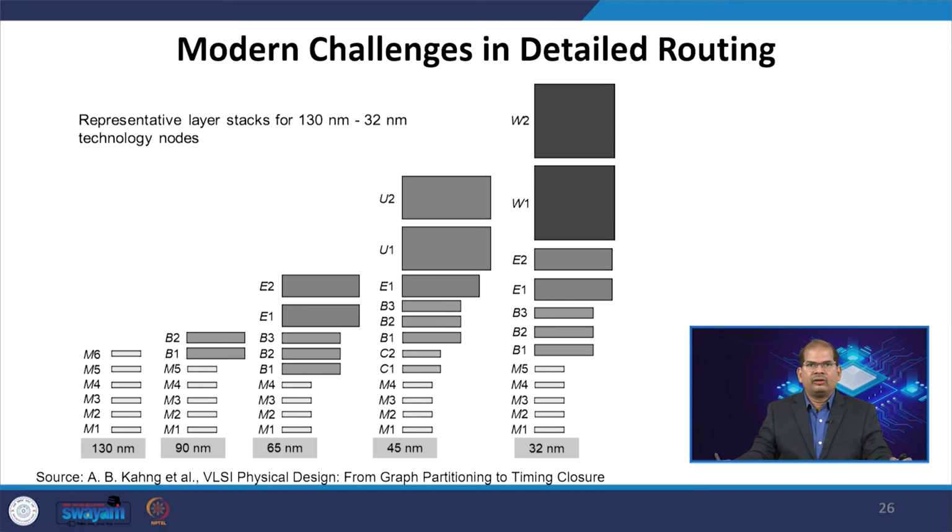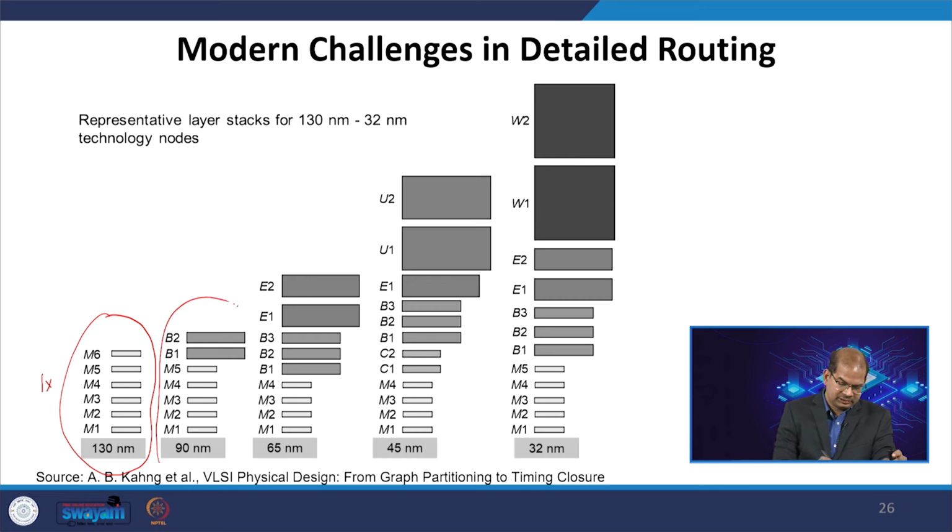So, there are a lot of challenges in routing in modern technology nodes. If you can see here in 130 nanometer, we have 6 metal layers, each one of them having the same width, 1x width actually. But if you go to the 90 nanometer process, up to metal 5 it is 1x, and the higher layers are more than 1x, or might be 2x.